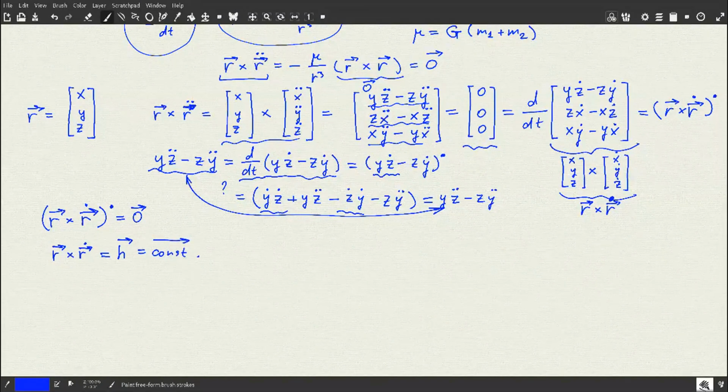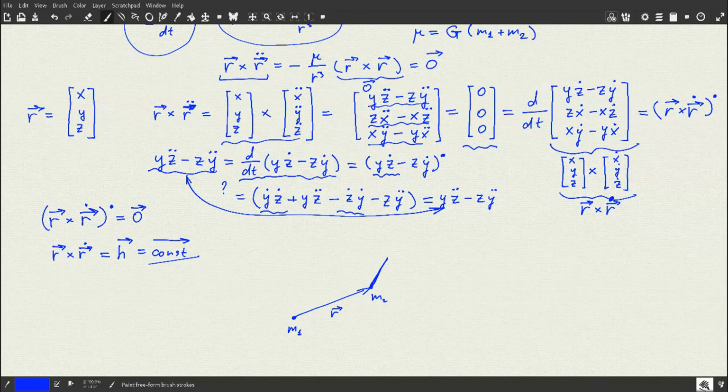Now let's see what it means geometrically. What is geometrically a vector of r and r dot? You remember m1 is the origin now. There is a certain radius vector r connecting m1 and m2.